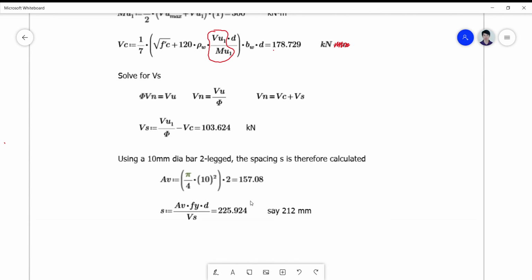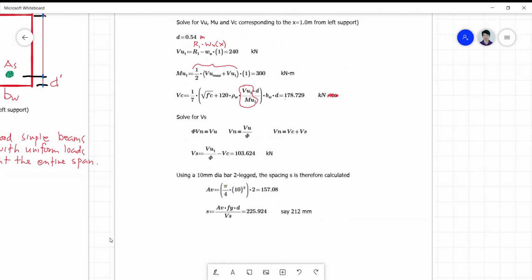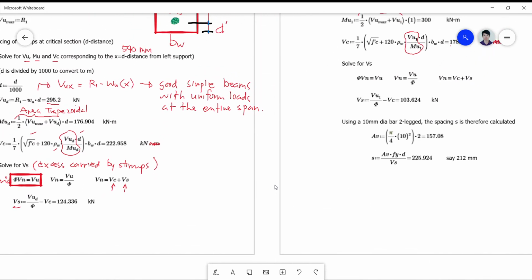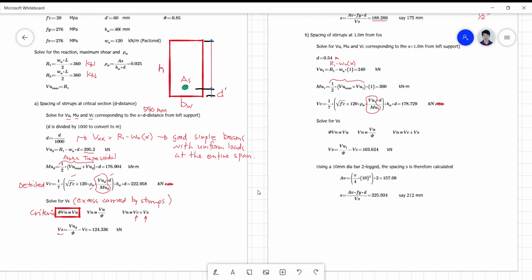So we can say that the spacing is good for, say, 212 millimeter. So that constitutes your first two requirements on the spacing of the stirrup at d distance and the spacing of stirrup at 1 meter from the face of the support.